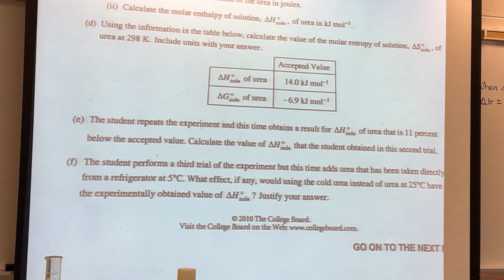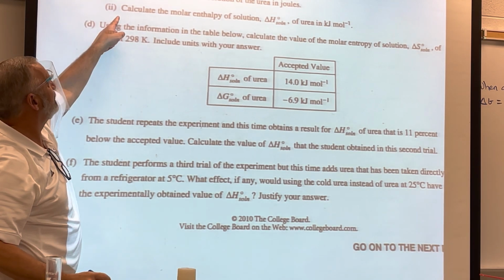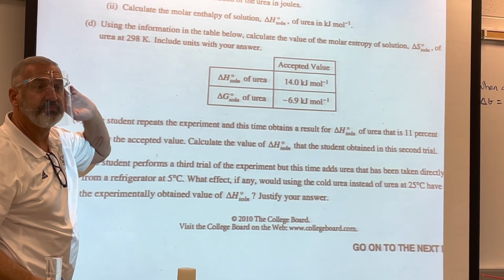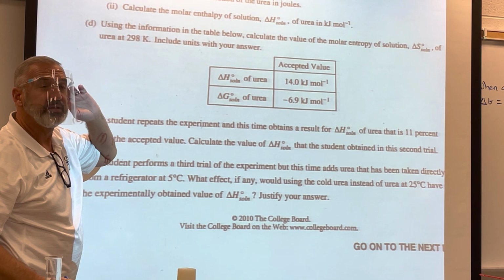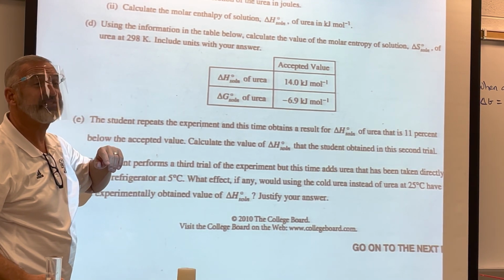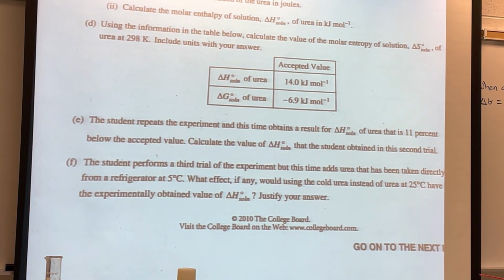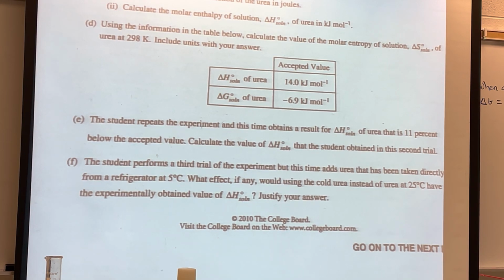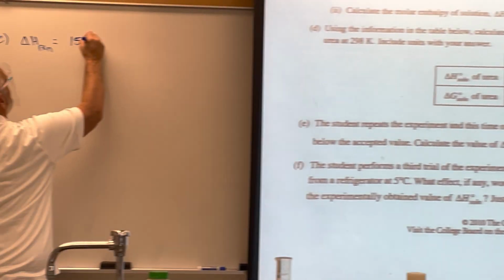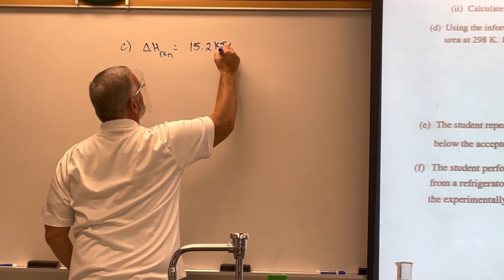So in part C, the delta H in terms of kilojoules per mole, we calculated this value, the molar enthalpy, to be what? 15.2. Positive or negative? Positive. 15.2 kilojoules per mole.